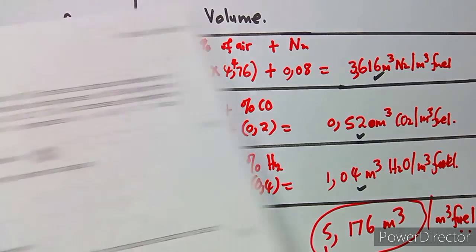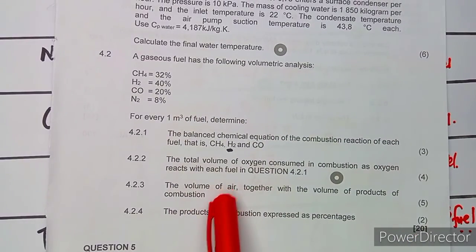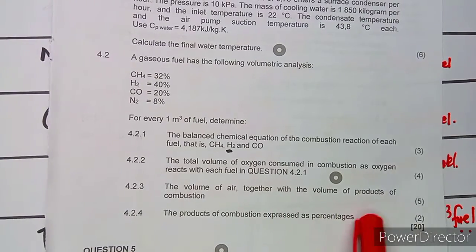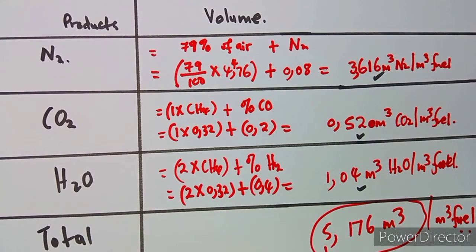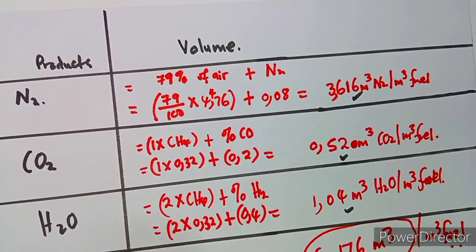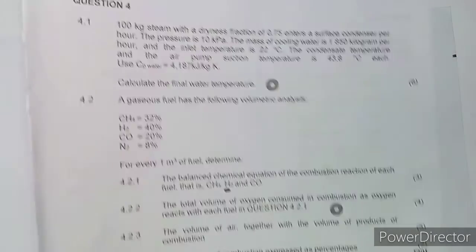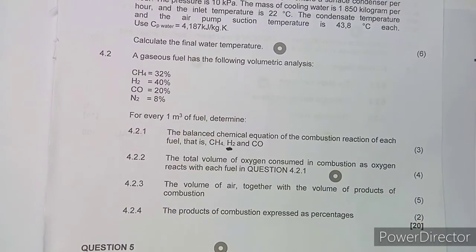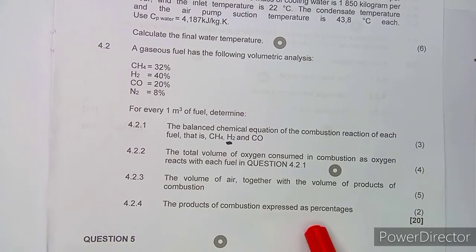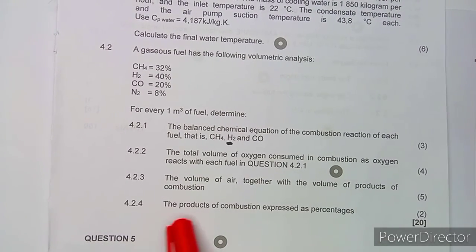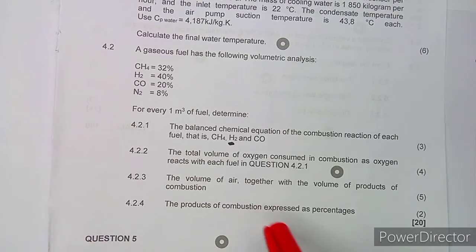So it was a continuation. Remember, the first part was the volume of air, then together with the volume of what, the products. So these are the products. Okay, so I think just like this, it's fine. Let's see the other part, which is now to calculate the products of combustion expressed as percentages. Okay, the products of combustion now expressed as percentages.